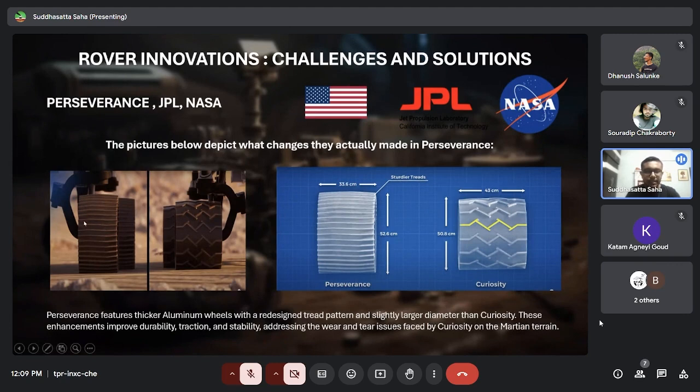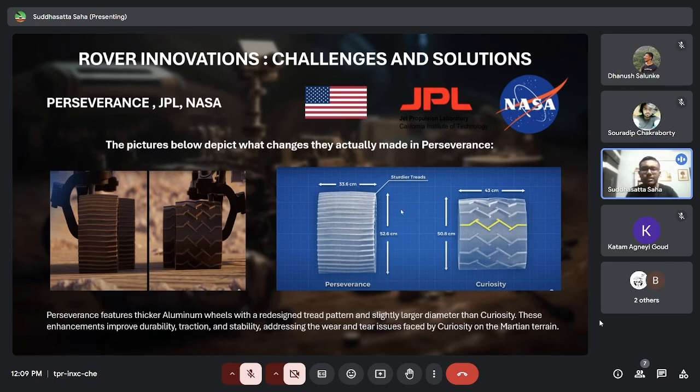After a rigorous analysis and study, they determined that this type of pattern has more load bearing capacity, and the thickness remains the same, but they have a much sturdier inner frame for preventing any sort of failure, and they have used thicker aluminum wheels in this case, and that makes a lot of difference in the performance of the rovers. The dimensions are mentioned numerically, and you can see that change.